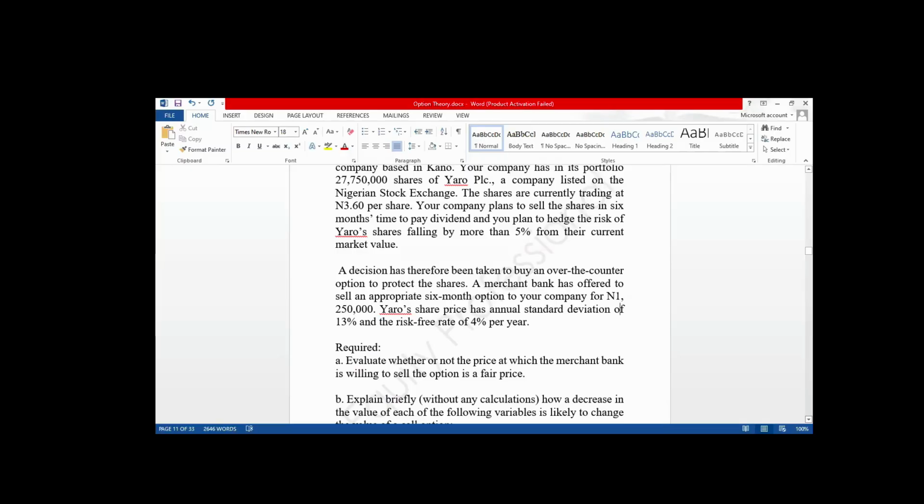You have taken a decision to buy over-the-counter options to protect your shares. A merchant bank has offered to sell an appropriate 6-month option to your company for 1,250,000 naira.